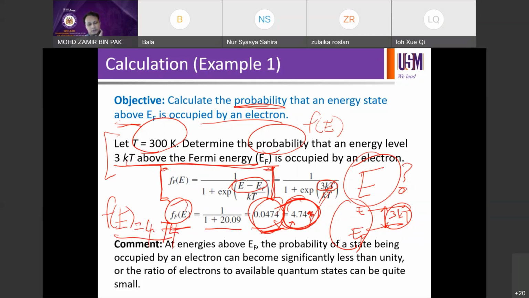The range is not between 0 and 1, because the probability has to be between 0 and 1. Okay, the minimum is 0, the maximum is 1, so it has to be within 0 to 1. So I've seen this a couple of times already. 4.74, forgot the percentage. Then it's wrong. Even though your calculation is correct, your answer is wrong, you don't get full marks, right? So you can represent either in probability or in percentage.